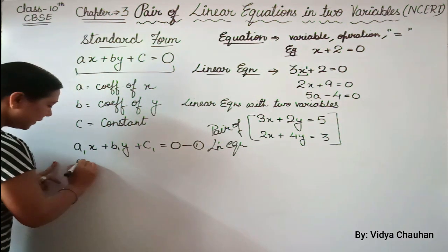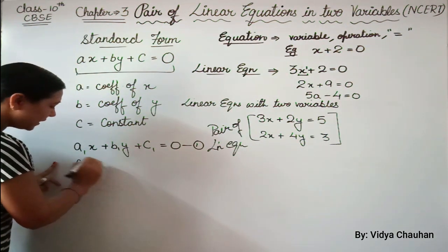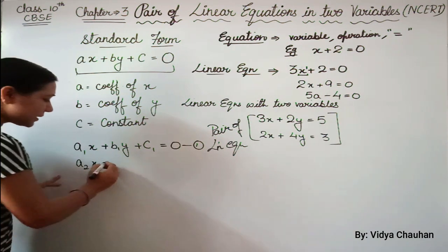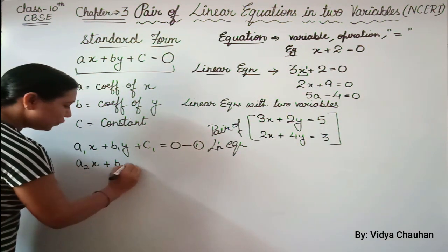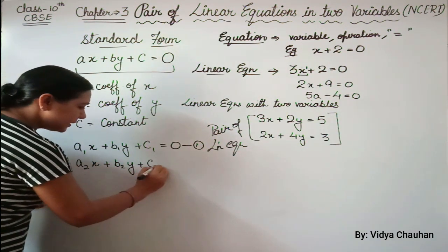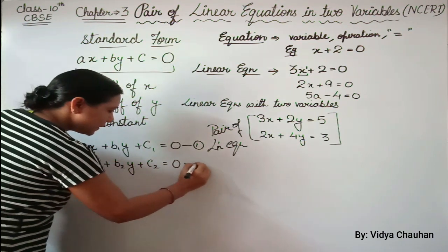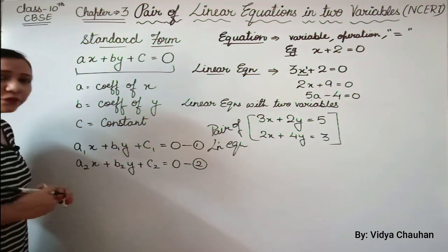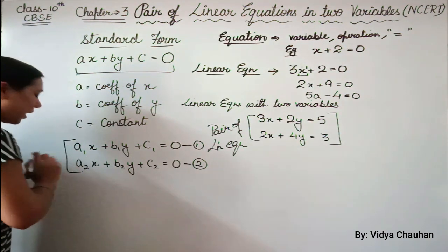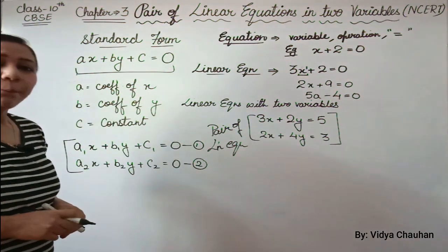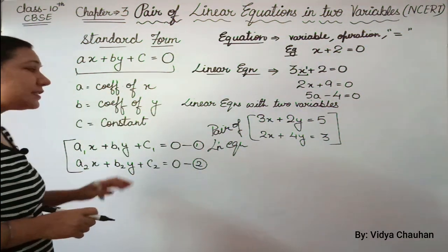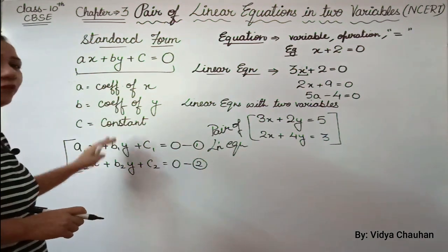Similarly, for the second equation, we can write the standard form as a2x plus b2y plus c2 equals to 0. So these are the pair of linear equations in their standard form.